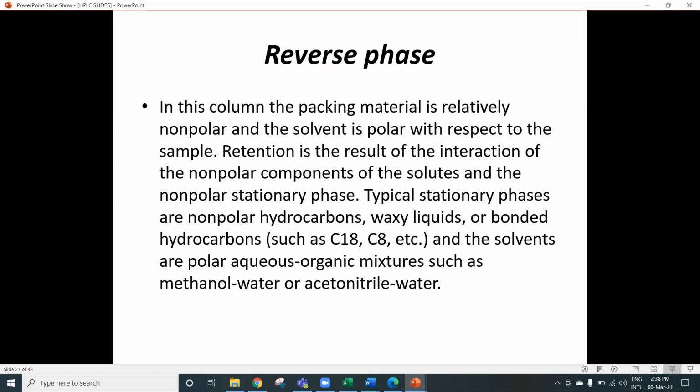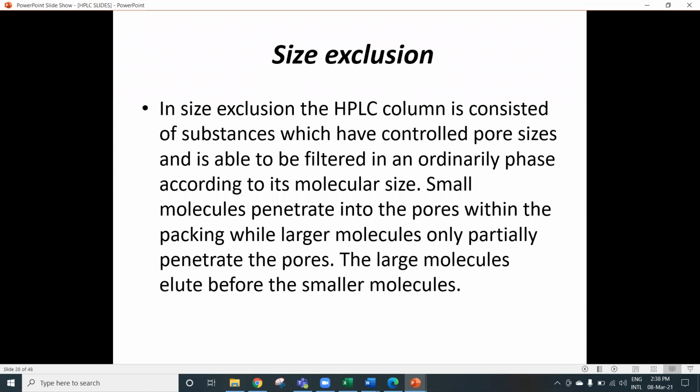Water can be used as the solvent for reverse phase, while the stationary phase is usually non-polar hydrocarbons like your C18 or C8, and the solvents are usually polar aqueous organic mixtures such as methanol and water, or acetonitrile and water. So you can mix your mobile phase, varying different compositions of your solvents.